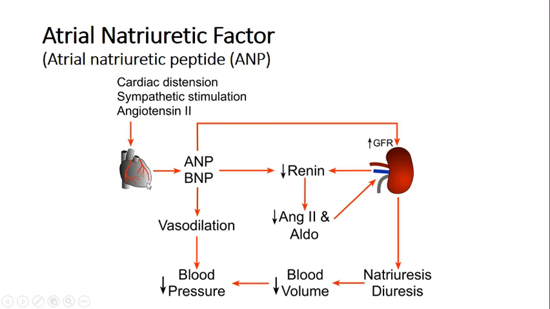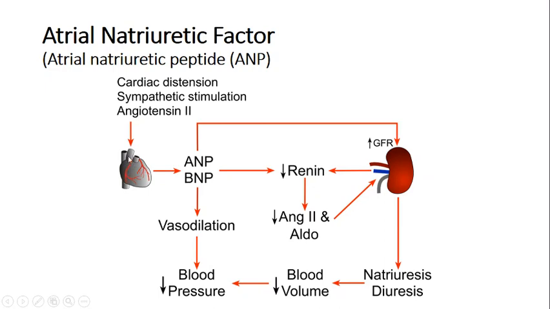Besides pumping blood, the heart makes some peptides that are important to the body. It kind of self-regulates itself. It creates atrial natriuretic peptide or atrial natriuretic factor. This is if you get a lot of pressure, heart failure, volume overload.